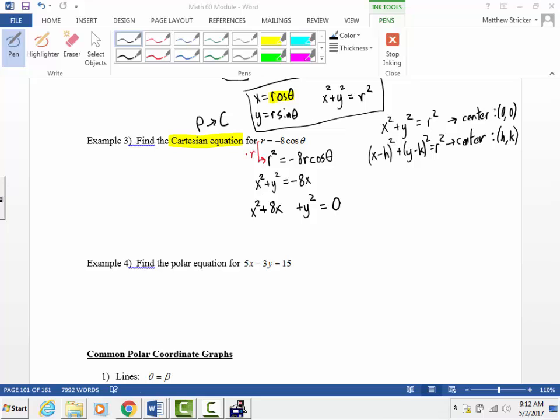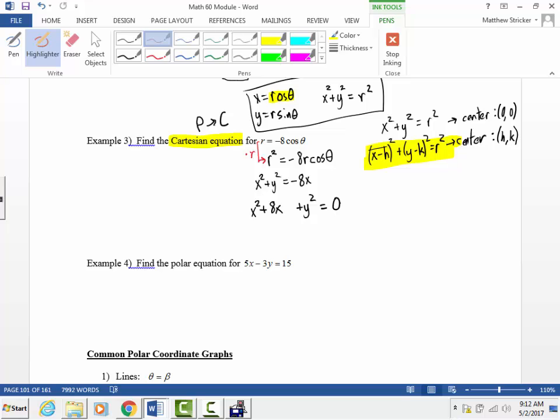Still doesn't quite look like this form over here, though, right? What can we do to get it in that form? Add 16. Complete the square.